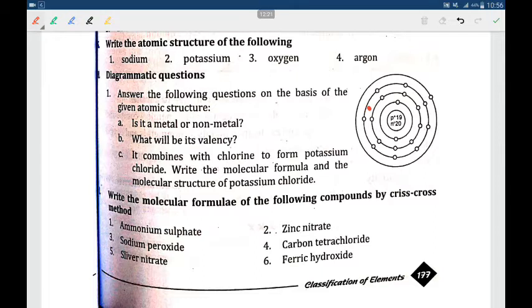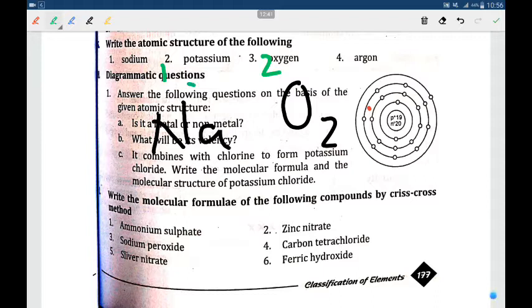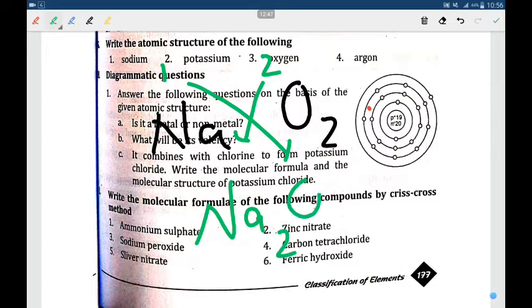Okay. Sodium peroxide. Students, sodium peroxide I have to write. Na is sodium. Peroxide is O2. Valency of sodium 1, peroxide 2. Now criss cross, what do you get here? Na2O2.